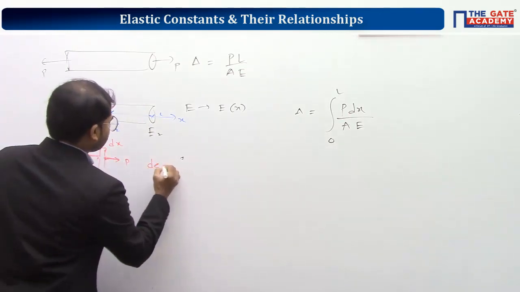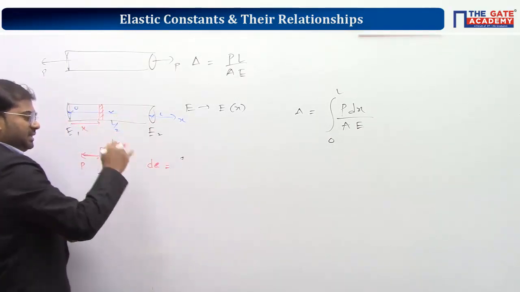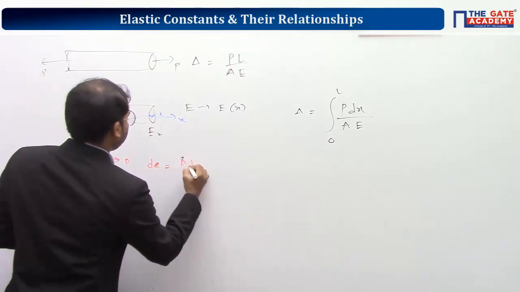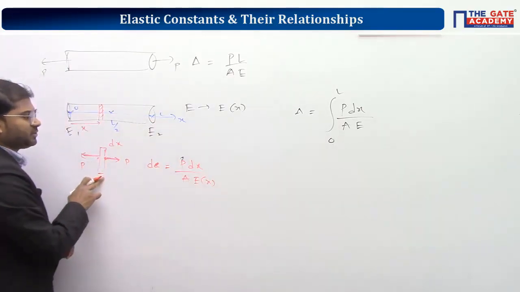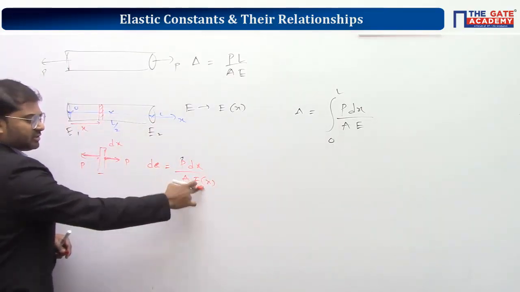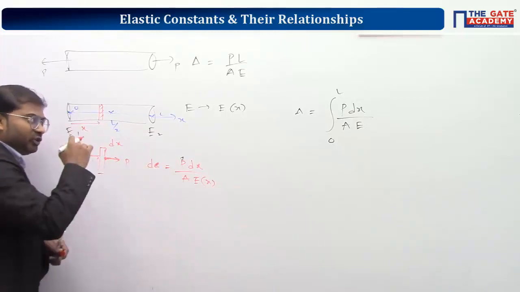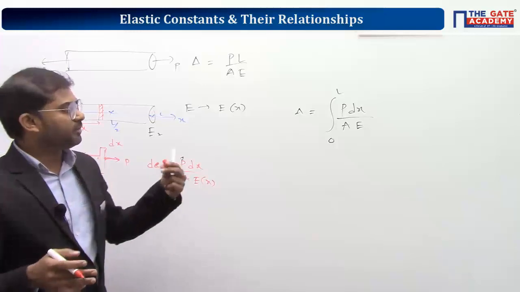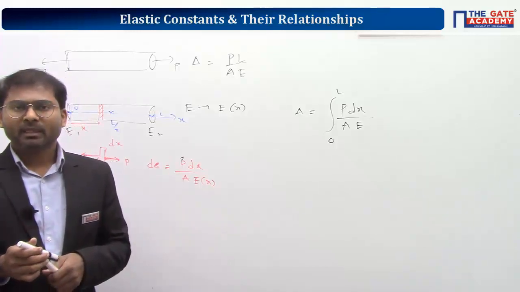The differential elongation for this element is given by P into dx by area into Young's modulus. At this location, Young's modulus is E of x, so I substitute E of x, and this element has length dx, so I substitute dx. If you'd like to get it for the whole member, you should do integration from 0 to L. Understood?